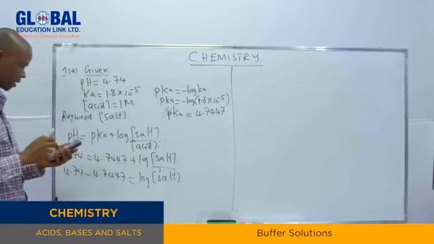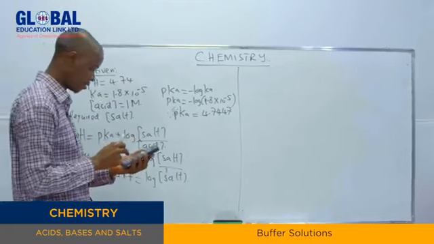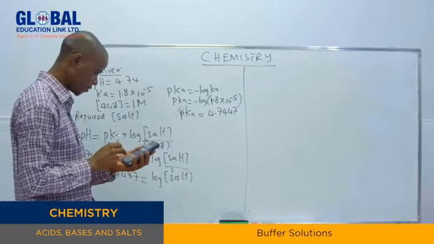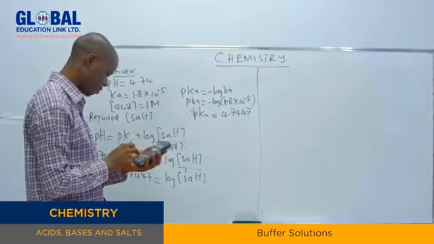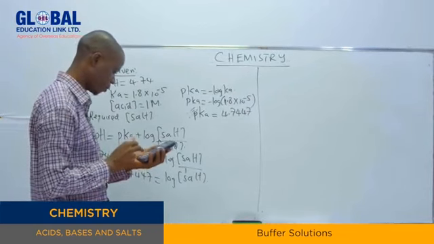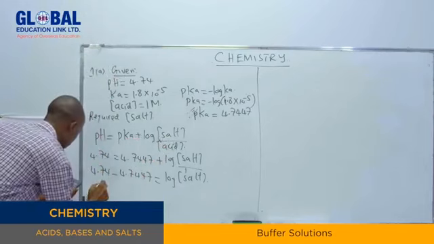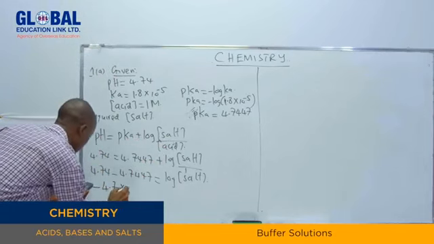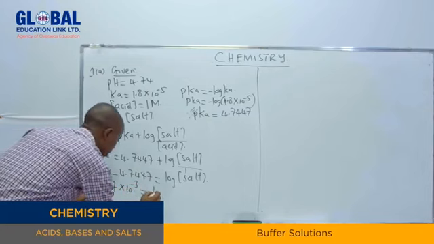Now you can subtract it there. When you take your calculator, 4.74 minus 4.7447 would be equal to negative 4.7 times 10 raised to -3.